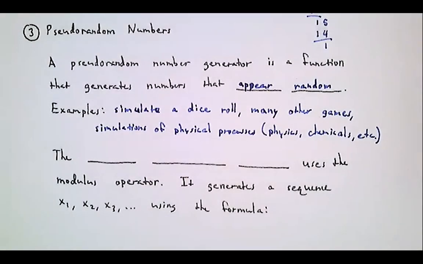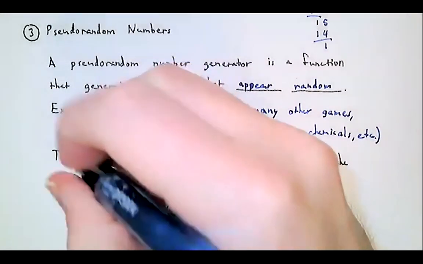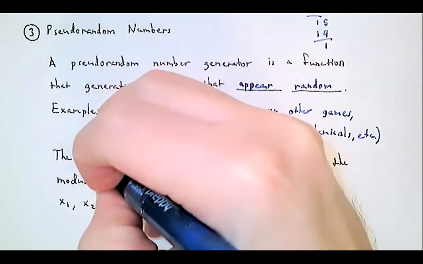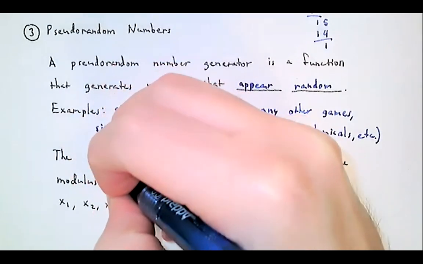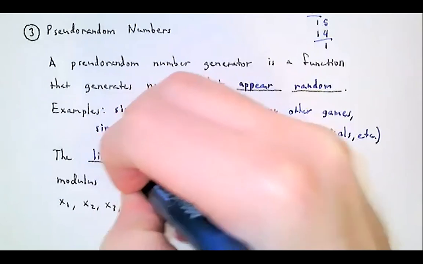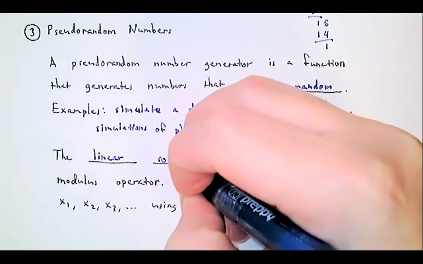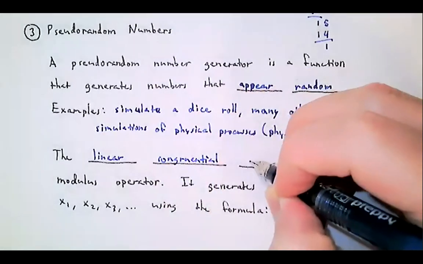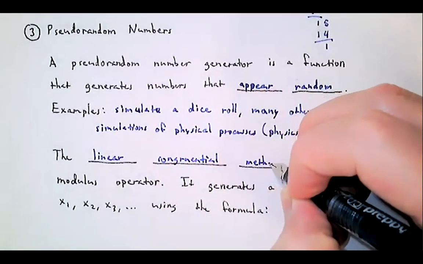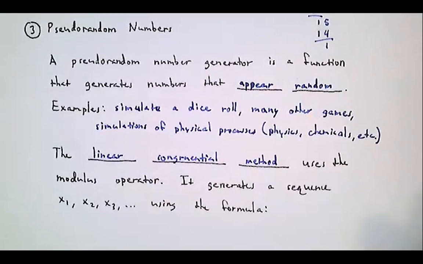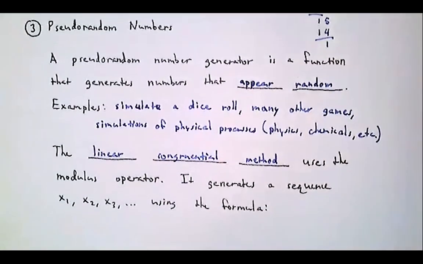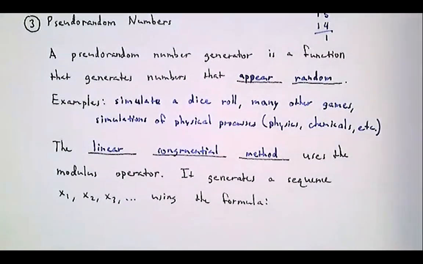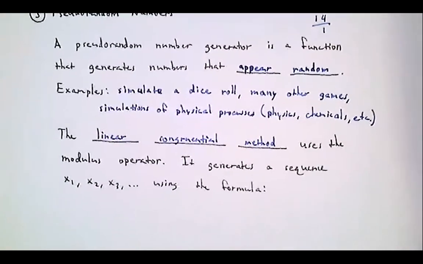And in practice, the way that a computer would generate a pseudo-random number is usually through something called a linear congruential method. And this is actually something that uses the modulus operator that we just learned about.